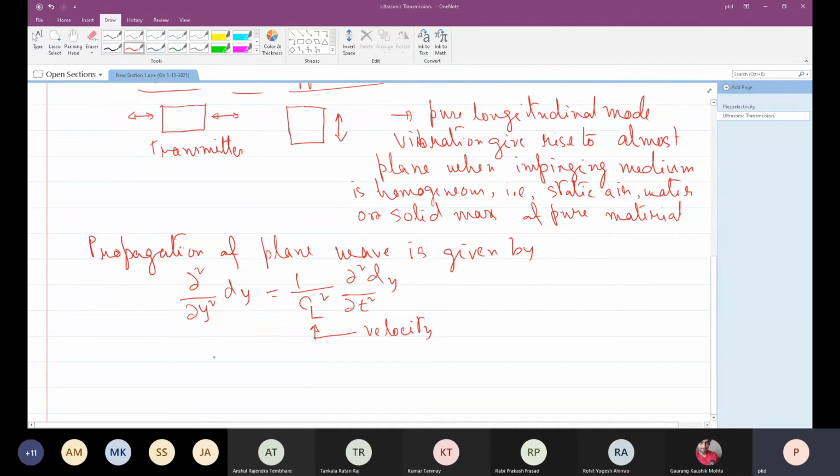So the solution is a sinusoidal one. So solution is a sinusoidal response.